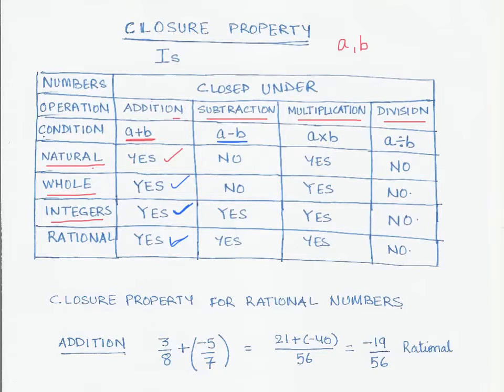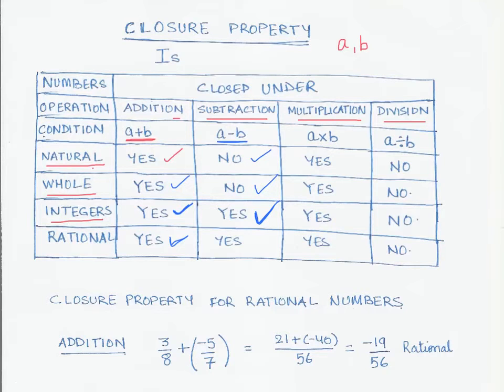What we have concluded earlier is that the natural and the whole numbers are not closed under subtraction, which means that when you subtract two natural numbers, it is not necessary that the result will always be a natural number or a whole number. But we did find out that when we subtract two integers, the result is always an integer. Hence, integers are closed under subtraction.